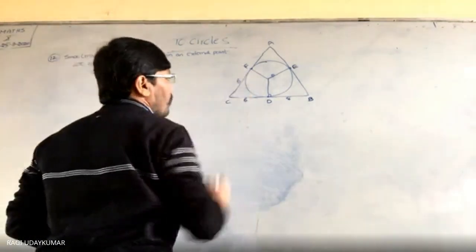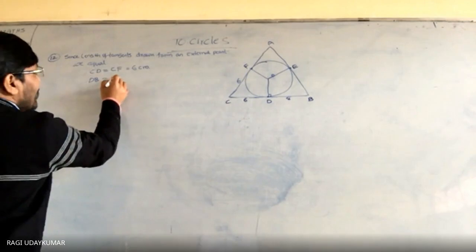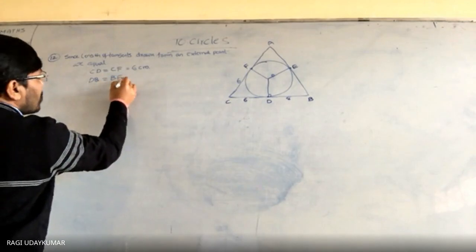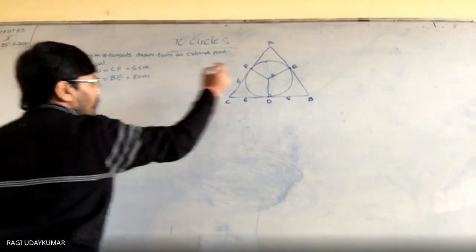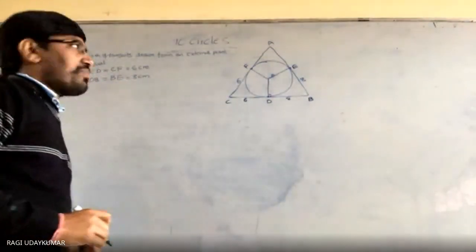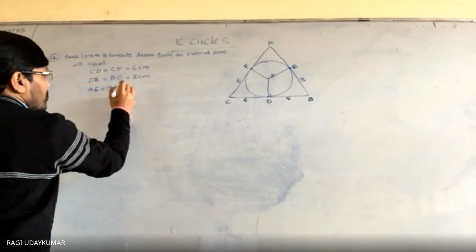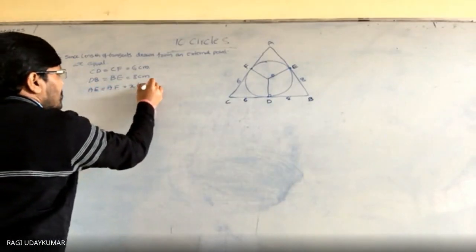And DB is equal to BE, which is equal to 8 centimeters. Both are equal to 8 centimeters. And in the same way, AE is equal to AF. We don't know this one, so consider it X centimeters.